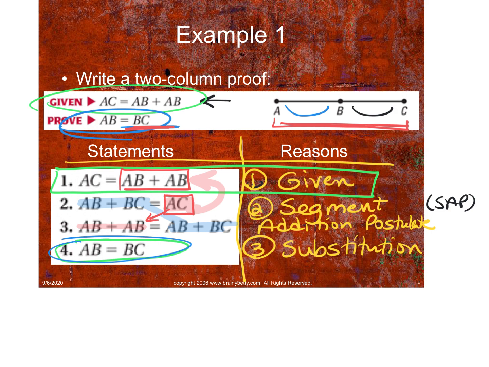Then we have to figure out what they did to go from step 3 to step 4. Notice what changed now is they took away an AB from both sides. So to go from 3 to 4, they subtracted AB from both sides of the equation, leaving us with AB equals BC.